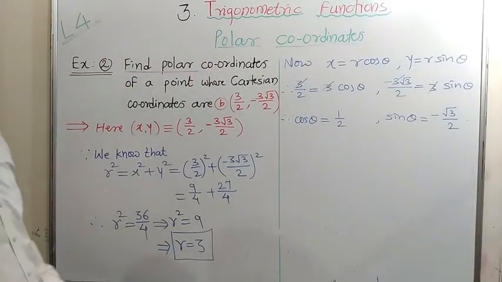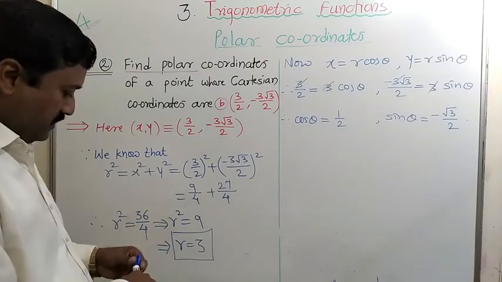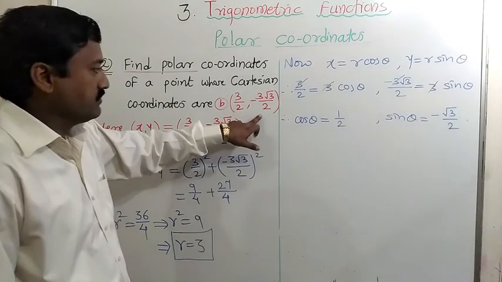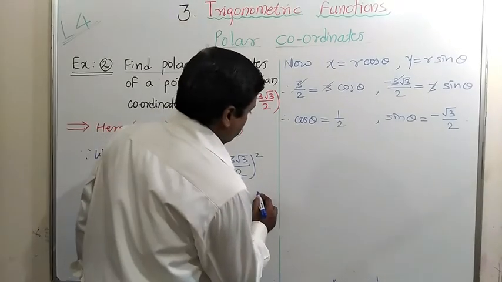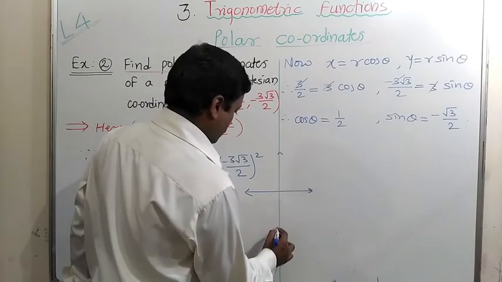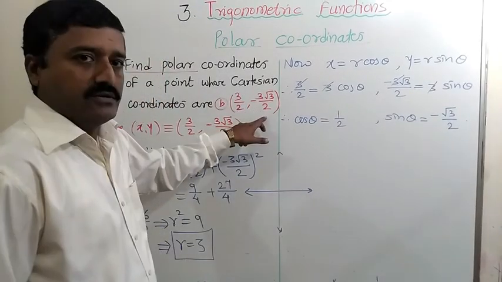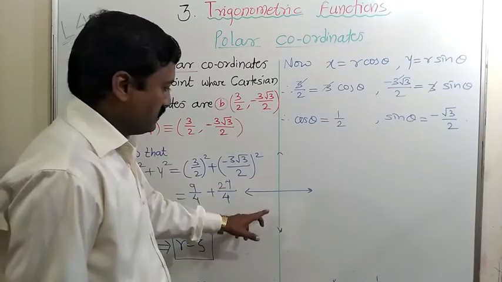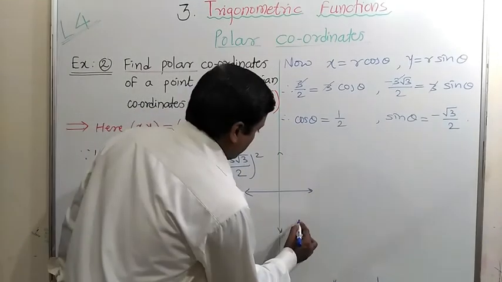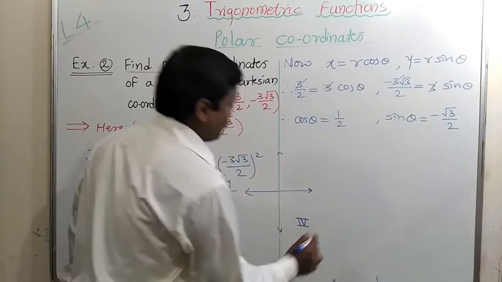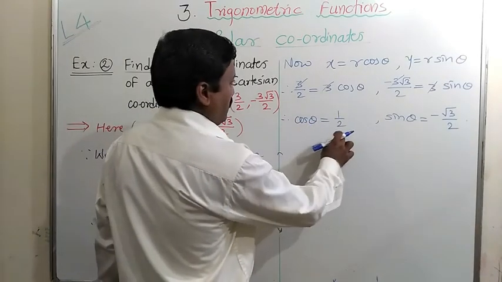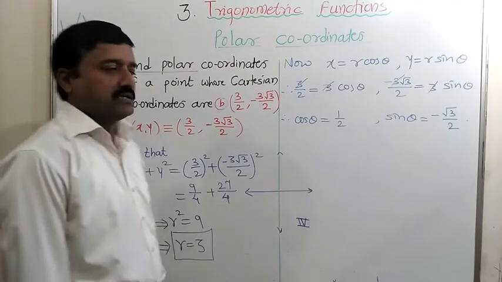Now we have to decide the value of theta here. If you observe the given coordinates, the first coordinate is positive, the second is negative. So the point lies in the positive-negative quadrant, which is nothing but the fourth quadrant. So here cos theta is equal to half and sin theta is equal to minus root 3 by 2.